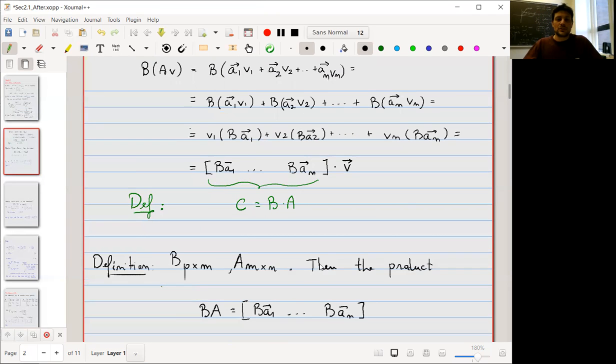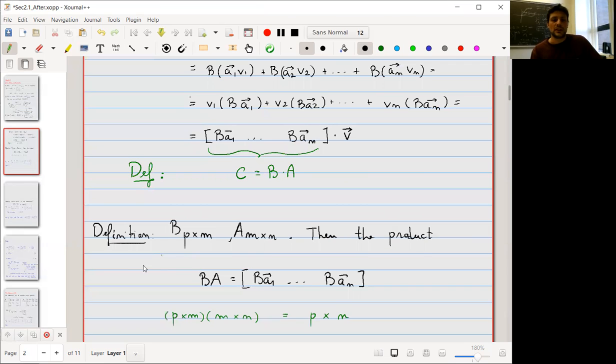That is our definition. Let's make it more precise here. If I have two matrices, B, which is size p by m, and A, which is m by n, then their product, B times A, is the matrix whose columns are the vectors I obtain by multiplying the matrix B by a column of A.